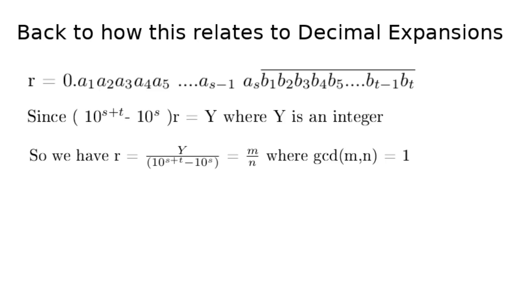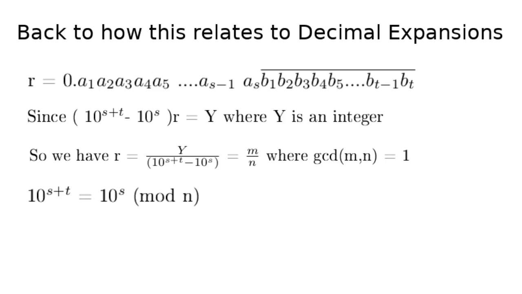Now, since these are equal, this implies that this identity holds. Because y over 10 to the s plus t minus 10 to the s might not be reduced, but we said that m and n are reduced because the GCD of m and n is 1.